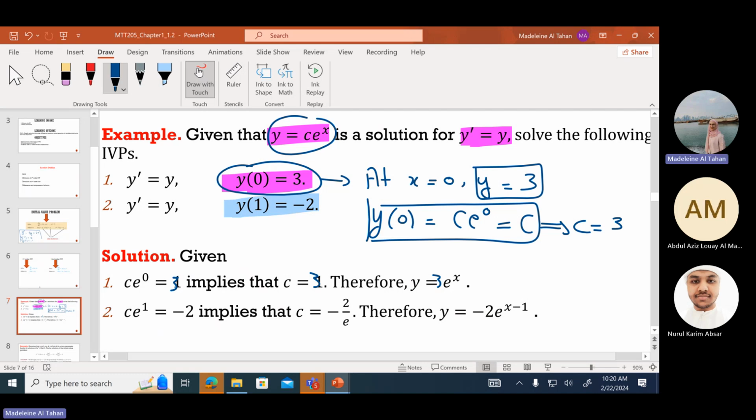After that, do you try the second one? So the second one, do we substitute instead of x, 1 or 0? 1. So the initial condition doesn't mean that it should be at 0. It can be at any point that is given.